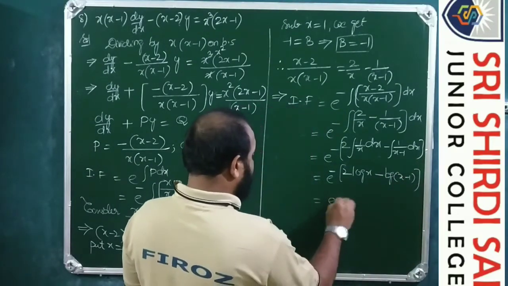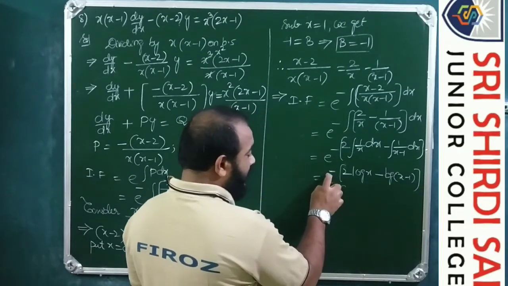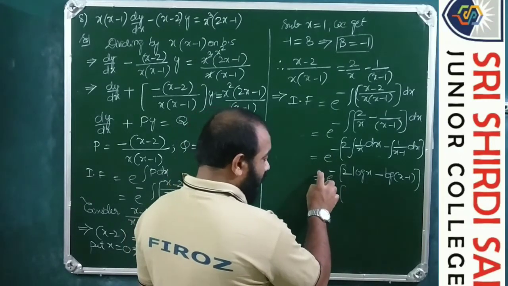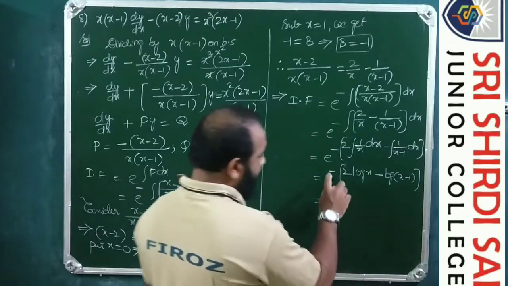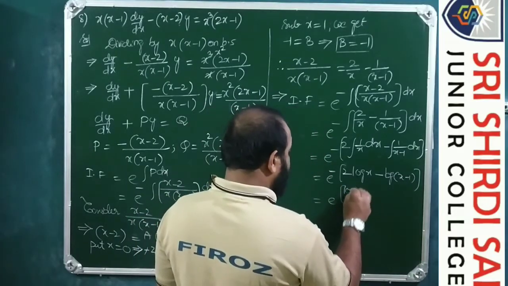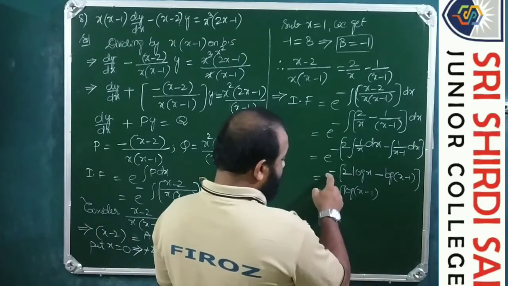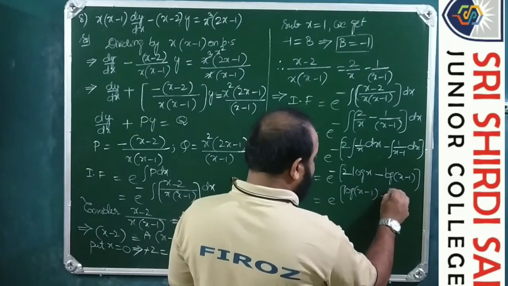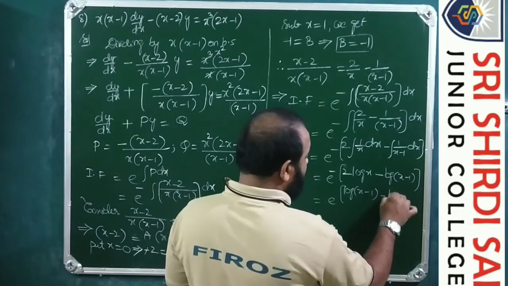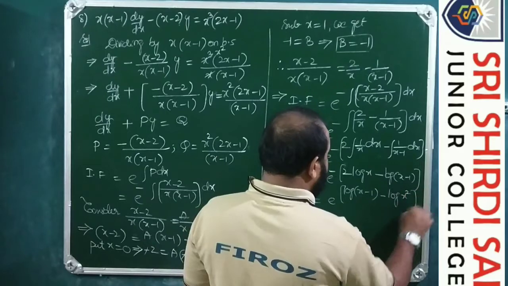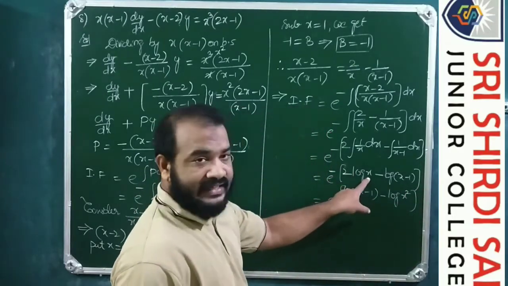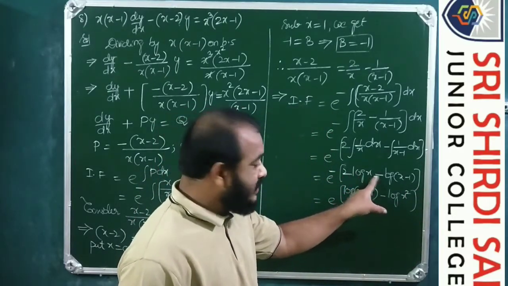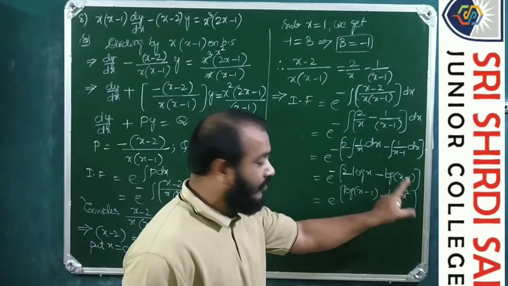This is equals to e power, let us multiply this minus inside, then minus into minus plus, so log x minus 1. So this is minus 2 log x. Minus 2 log x is log x square. 2 log x, m log a is log a to the power of m.